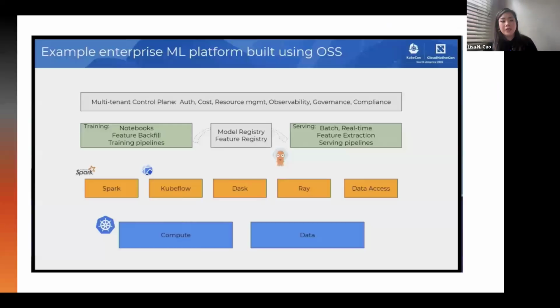For the sake of time, I won't go too much again into the machine learning stuff. I think we've gone through a lot at this point, but a lot of these same components that I just mentioned with Kubernetes also apply to machine learning platforms. That's really important to keep in mind: your control plane, how you're managing your FinOps, how you're managing your compute and your clusters.